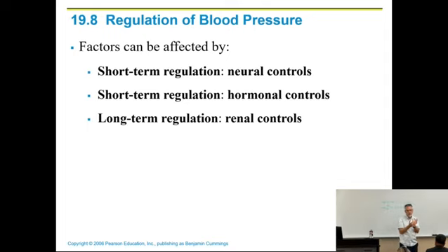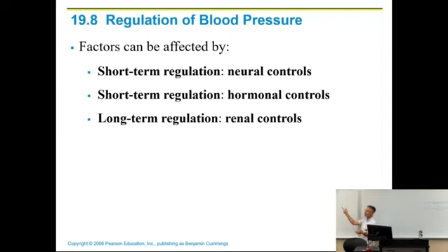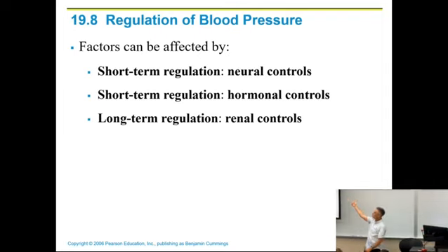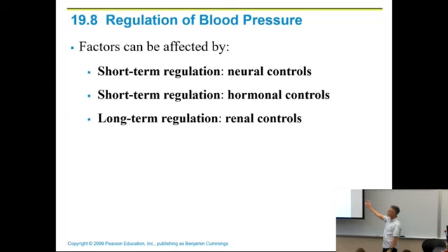So anything we do to the blood definitely will affect blood volume and concentration, which affects blood pressure. But that control mechanism is a little bit longer. So you've got to be able to name and describe each of these. What is neural control? What's hormonal control? What's renal control?